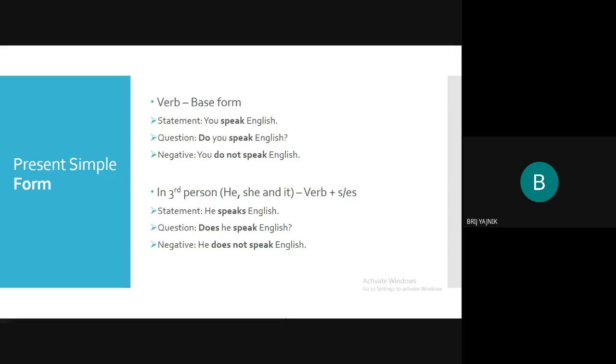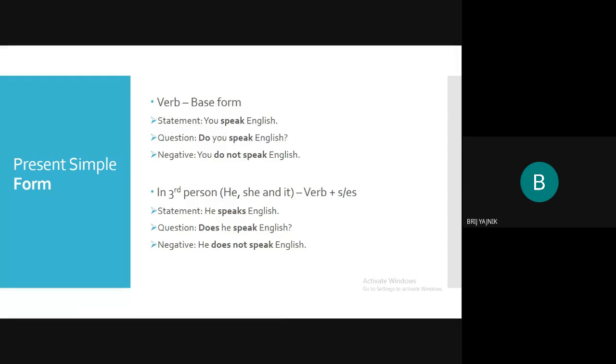If we are talking about the third person, so if I'm talking to Bautik about Ritik, then I say "He speaks English." "Does he?" and "He does not" if it is negative. With he, she, or it, it works in this way. So that's easy.